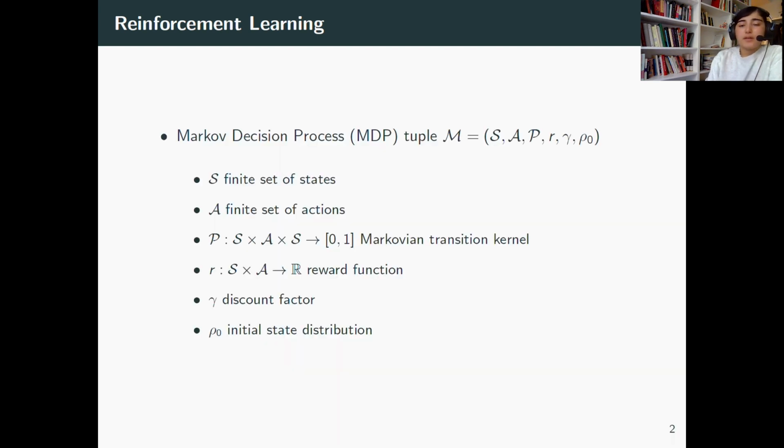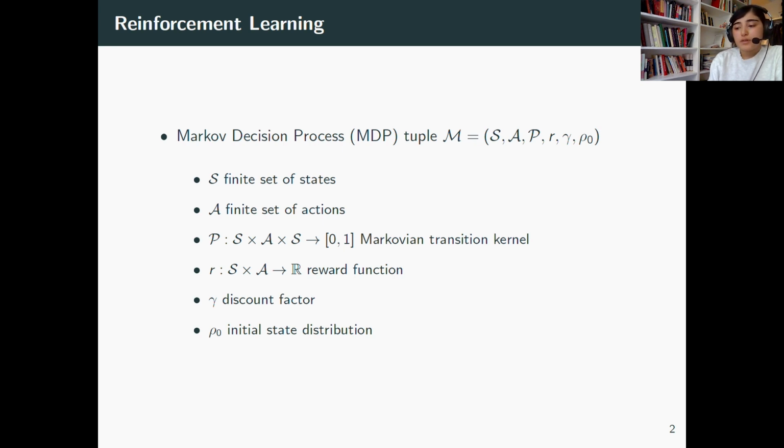And here in this MDP tuple, we have S, a finite set of states, A, a finite set of actions, and P, the Markovian transition kernel, which basically gives us, in state S by taking action A, the probability that we're going to end up in state S prime.